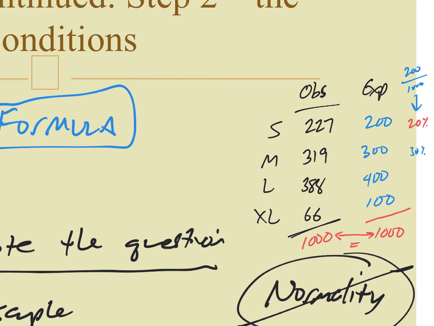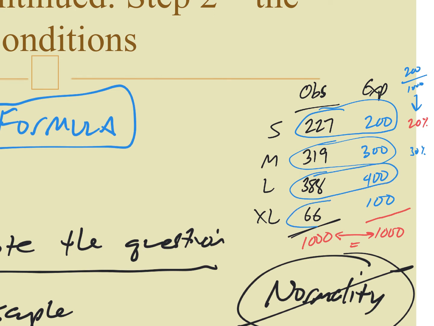What you can see here is we oversold the smalls by about 27 shirts and the mediums by 19 shirts, and we undersold the larges by 12 shirts and the extra larges by 34 shirts. The extra larges stand out, not just as the biggest miss, but the biggest miss with the smallest sample size, and a big miss with a smaller sample size means a lot more.